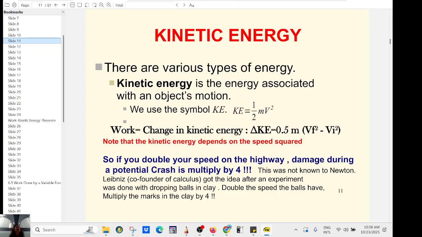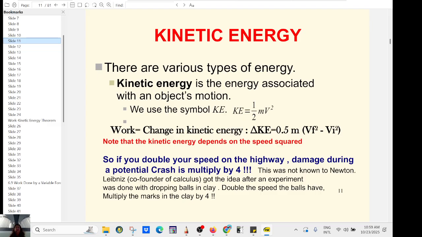Remember, change means final minus initial. When you do the change in kinetic energy, you factor out one half times the mass, and then you have final squared minus initial squared. Don't make the typical mistake of doing final minus initial and then squaring. No, final squared minus initial squared.